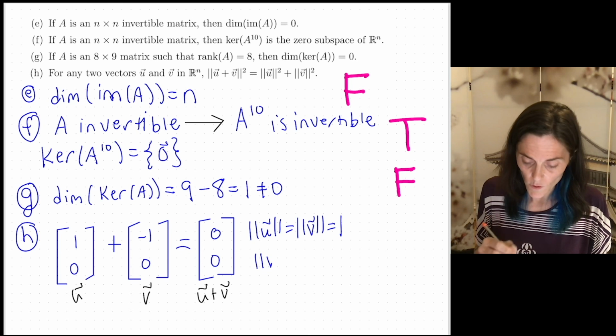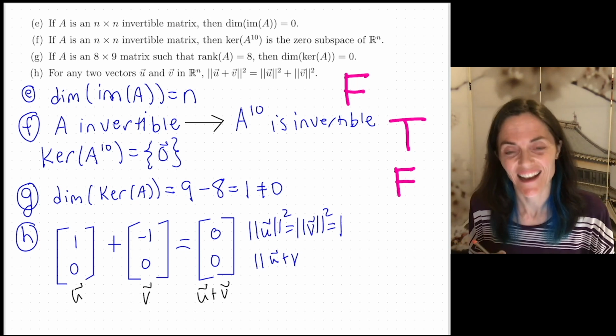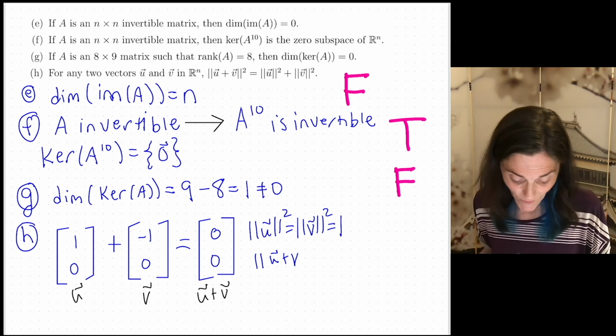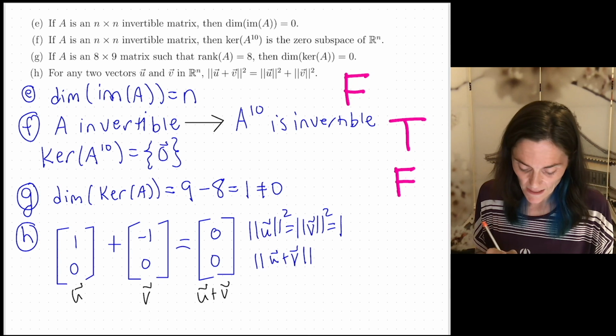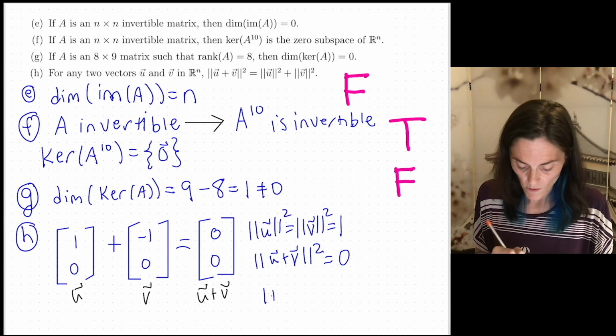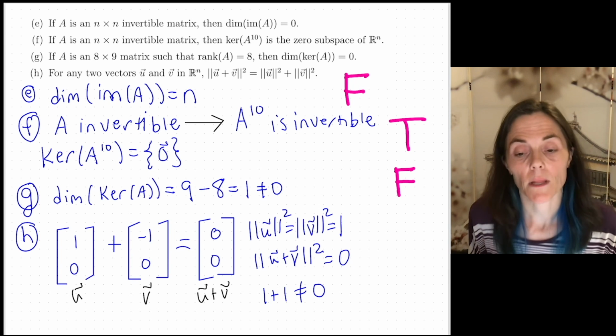Taking the length squared, we still have 1. Very nice. The length of u plus v squared is 0. And, well, of course, this is not equal to 2.